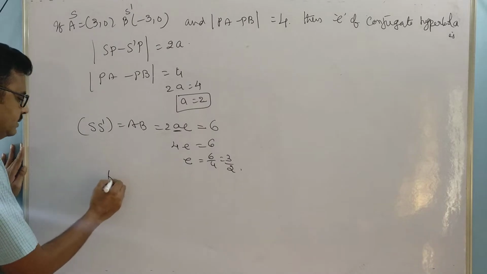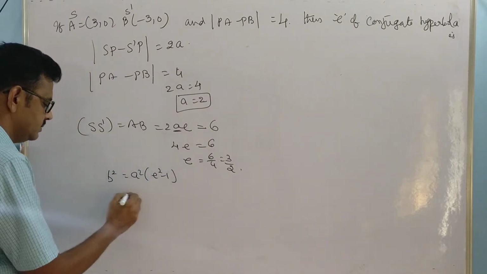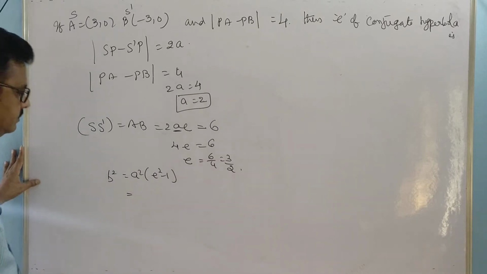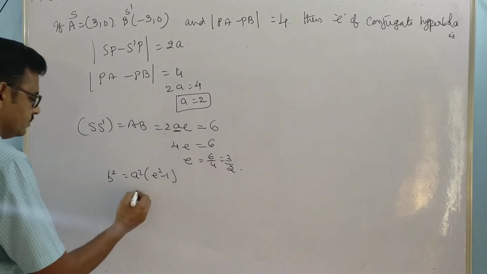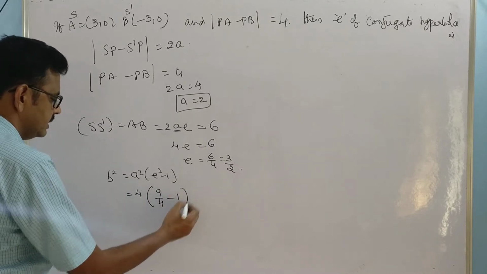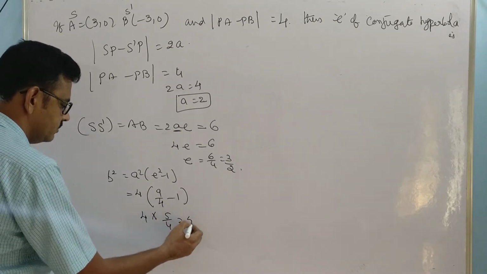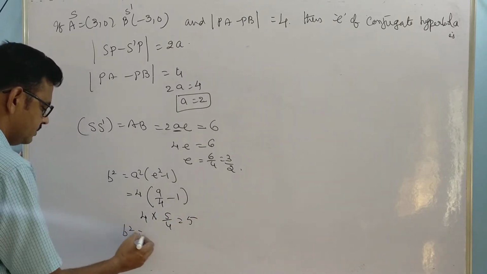Now b square is equal to a square into e square minus 1, that is 4 into (9 by 4 minus 1), 4 into 5 by 4, that is 5. b square equal to 5.